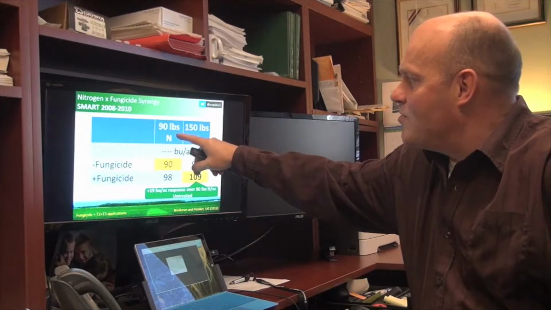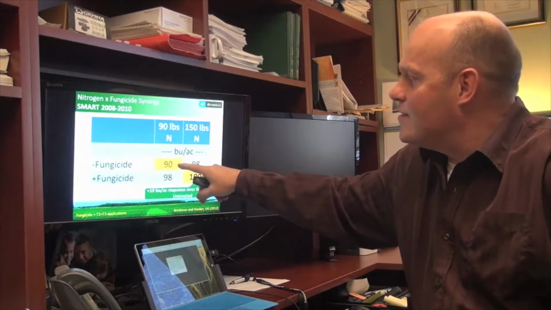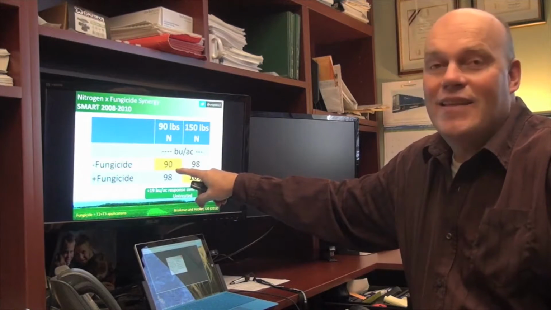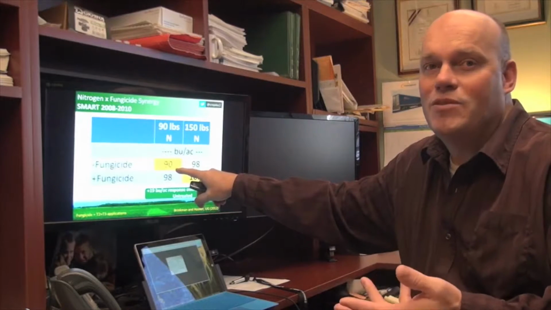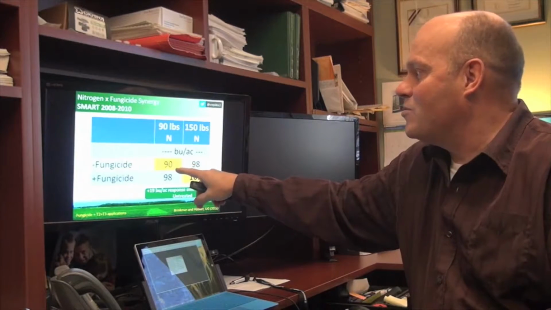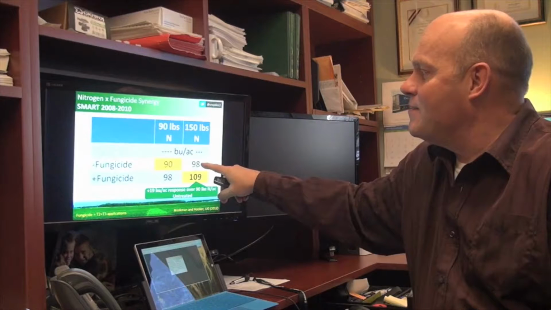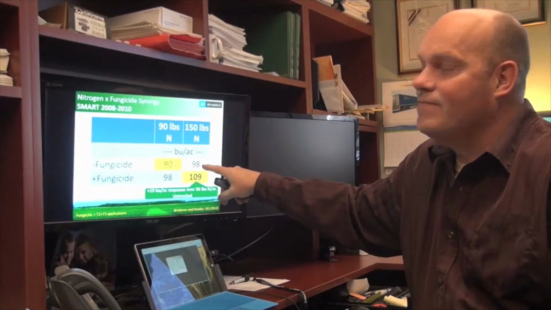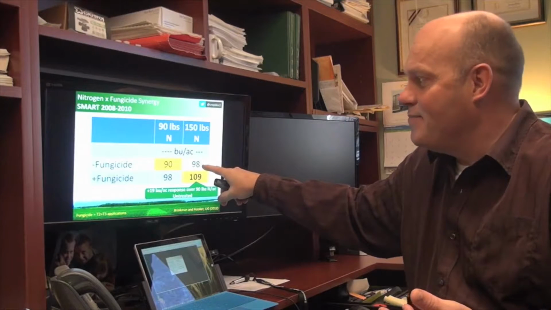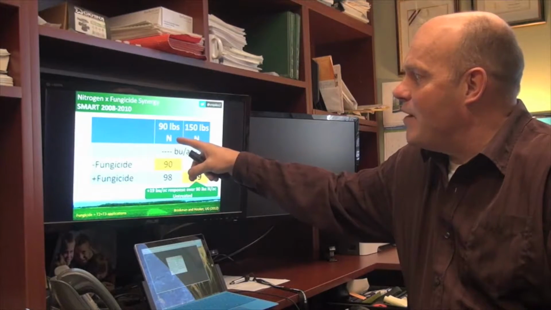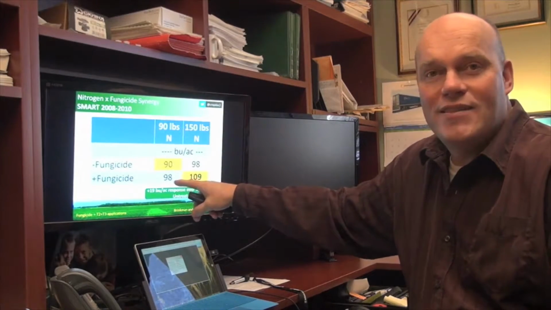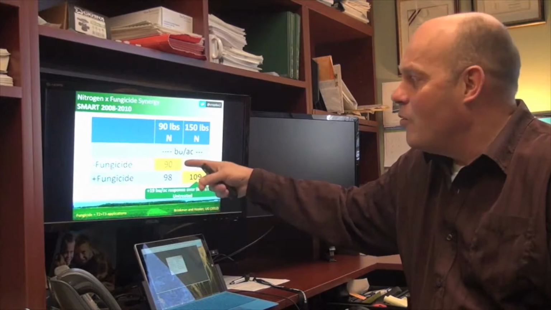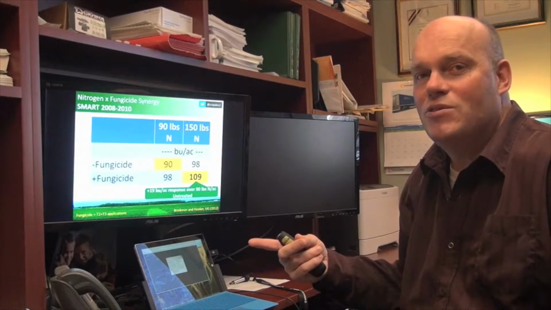At 90 pounds of nitrogen per acre without fungicide, our standard yield across multiple varieties, multiple environments, was 90 bushels to the acre. When we increase the nitrogen rate from 90 to 150, our yield increases 8 bushels to the acre. And also if we use 90 pounds of nitrogen per acre and applied a fungicide at heading, we also saw an average of 8 bushels to the acre.